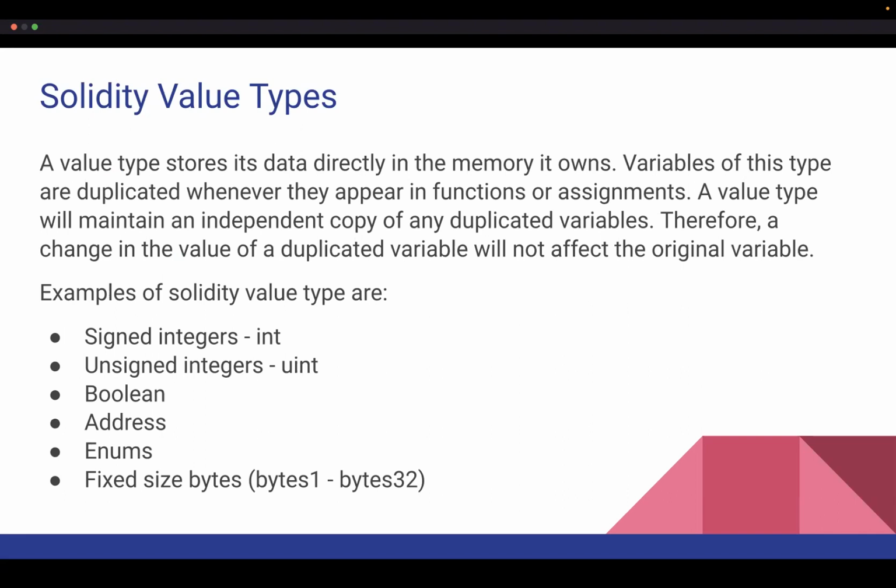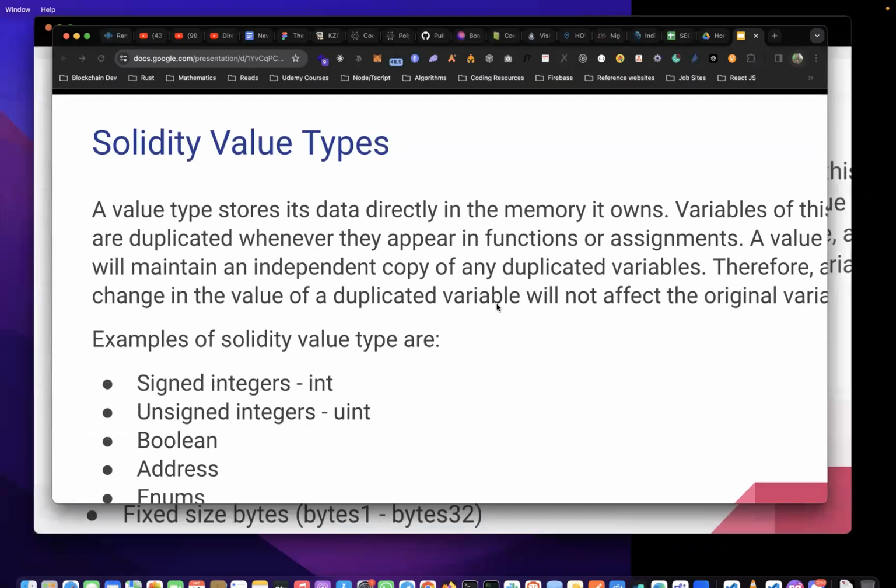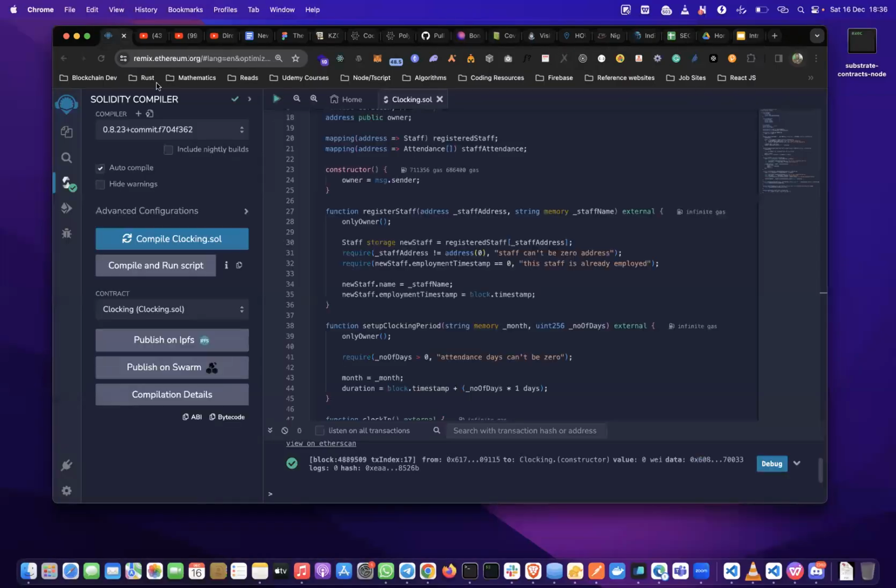Therefore, a change in the value of a duplicated variable will not affect the original variable. What this is saying in essence is, when you declare a variable in Solidity, I will have to escape this presentation to show you this in Solidity directly.